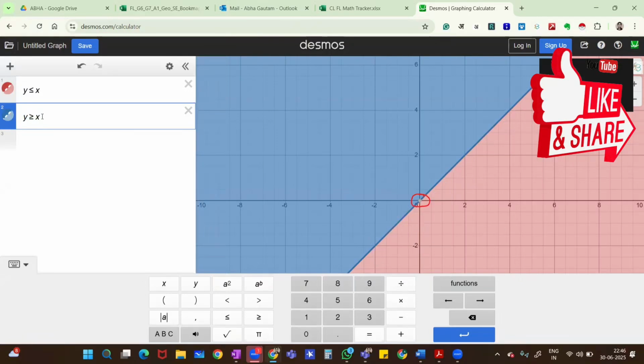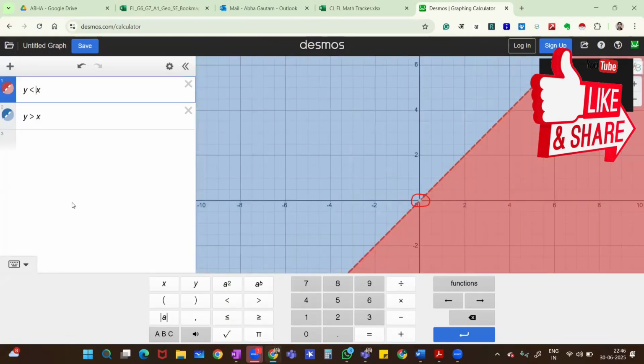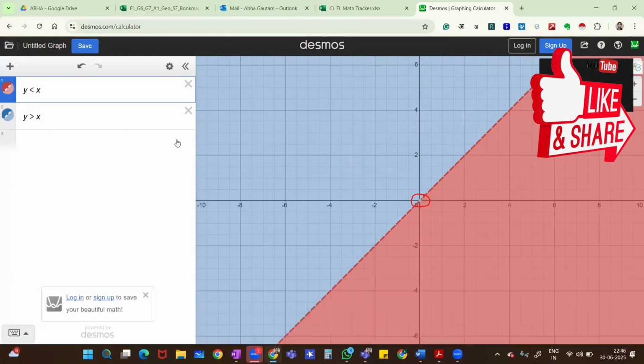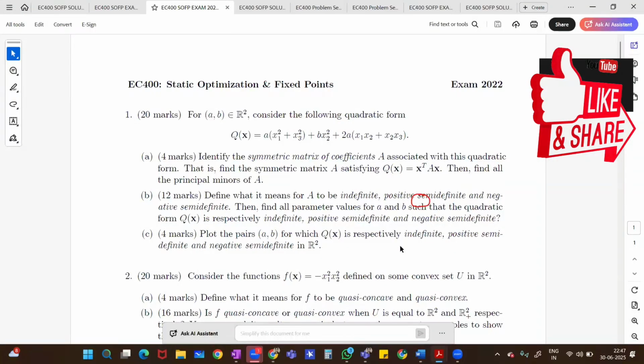If I am not including 0, only the common point, the thing which is left from both of them, is this line, and that will become my indefinite, where it can be positive, it can be negative, right? Yes, this is indefinite. So this is how you can do it.